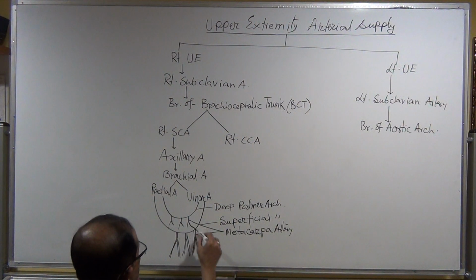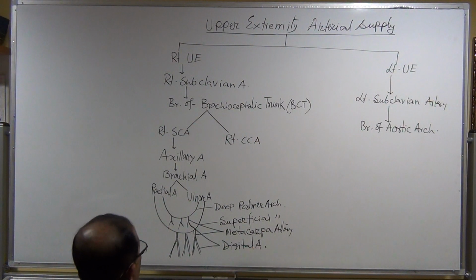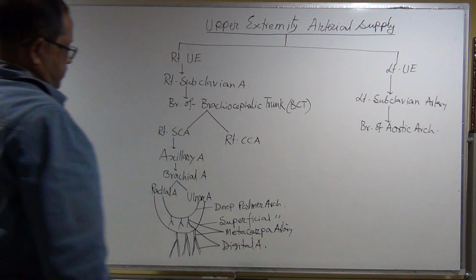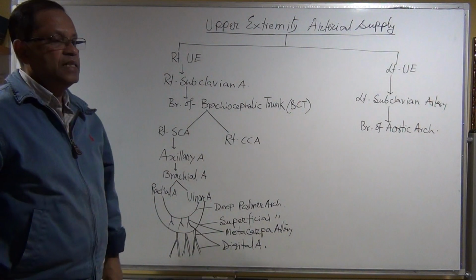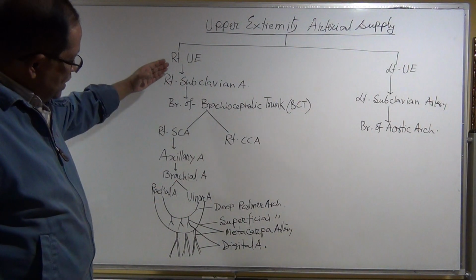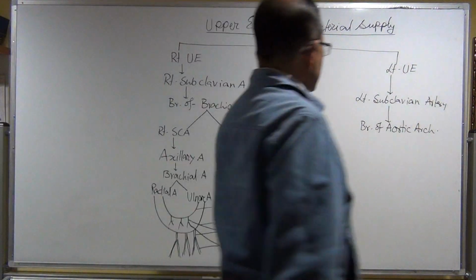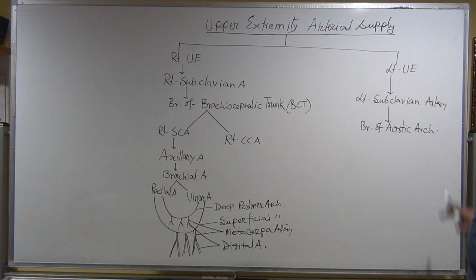So these are the digital arteries. Okay, so this is the arterial supply on the right side.